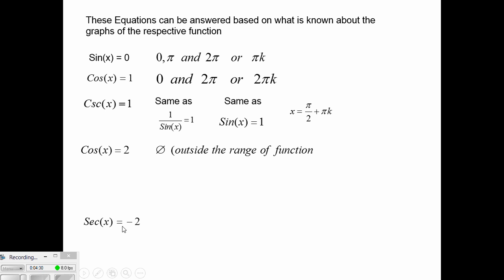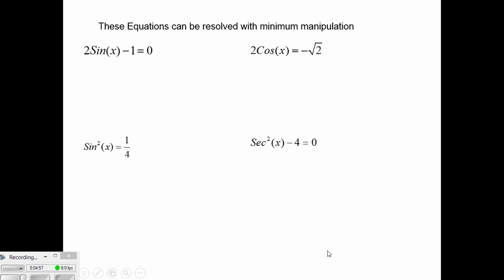Secant equaling negative 2 is the same as saying 1 over cosine equaling negative 2, which is the same as saying the cosine equaling negative 1/2, and that's a pi over 3 value where the cosine is negative, which is in the second and third quadrants, 2 pi over 3 plus 2 pi k, 4 pi over 3 plus 2 pi k.